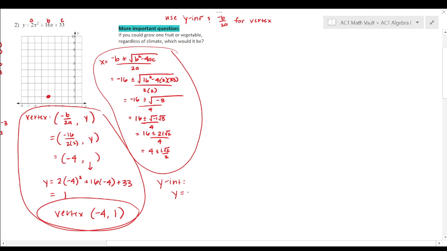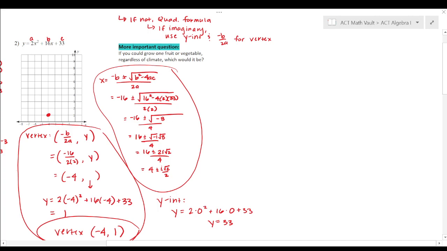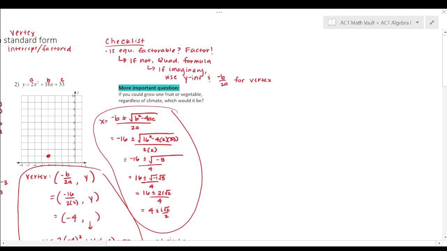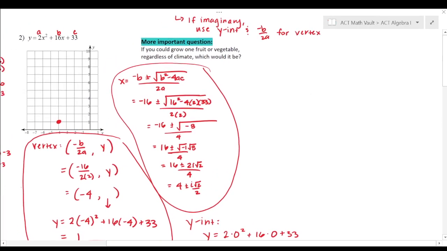We now get y equals 2 times 0 squared plus 16 times 0 plus 33, y equals 33. Oh, so this is way off the graph, imagine it all the way up here, right? But just for the sake of a nice graph, let's just draw it like this.